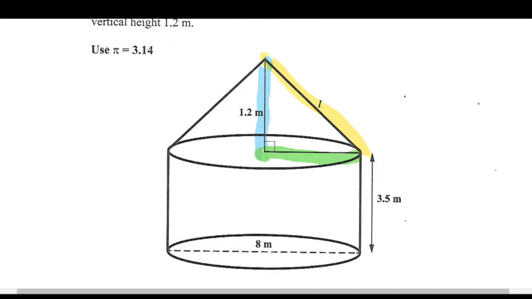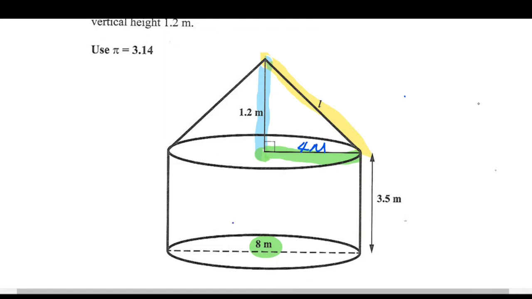So if I can get the radius, understand that the diameter is 8. So if this is 8, it means that the radius is half of that, so this distance would be 4 meters.